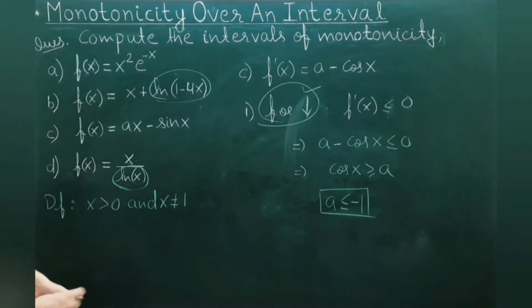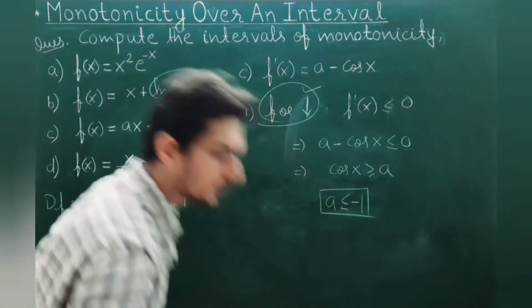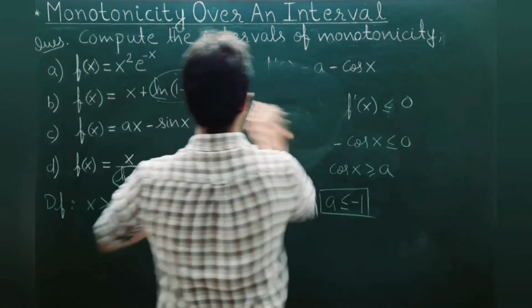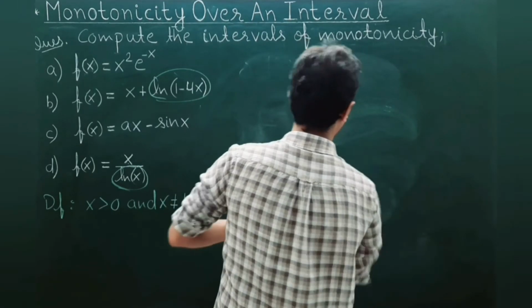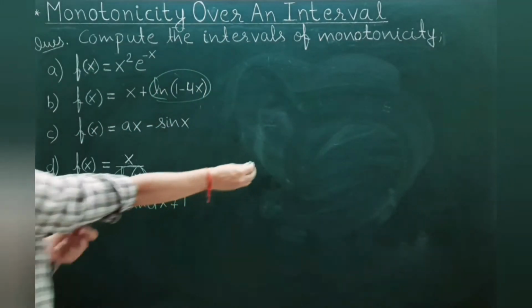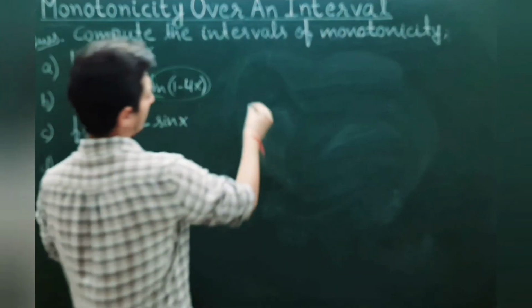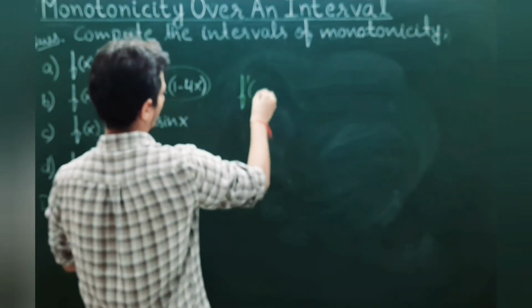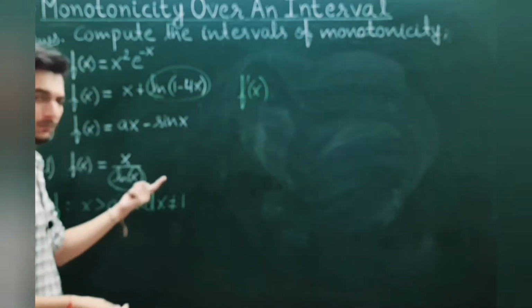Now let's differentiate it to check the sign of the derivative, or to see where it is increasing or decreasing. We have f(x) equals x upon ln x. Simply apply the quotient rule.